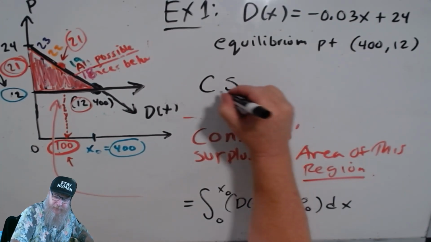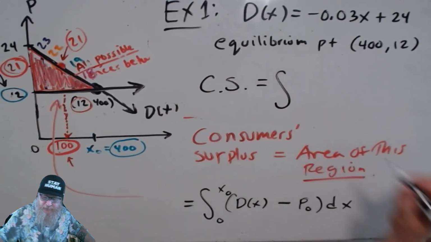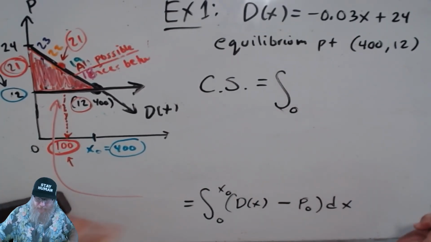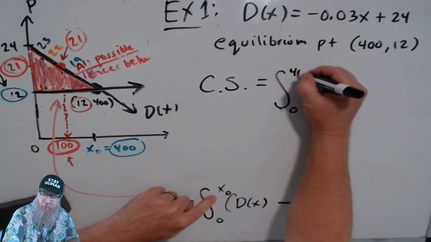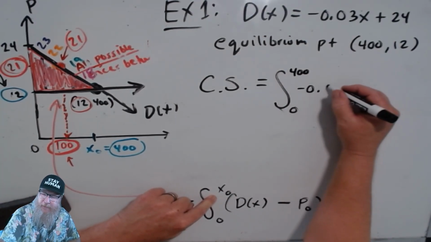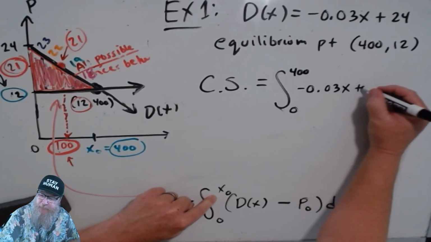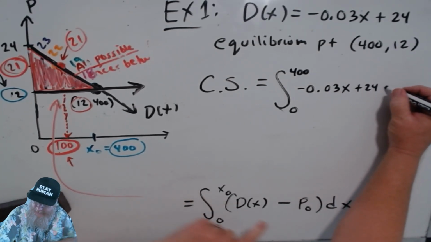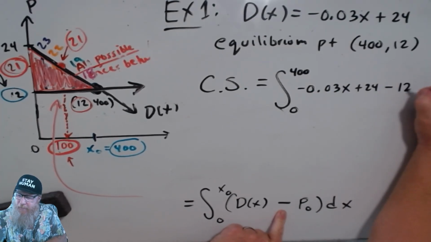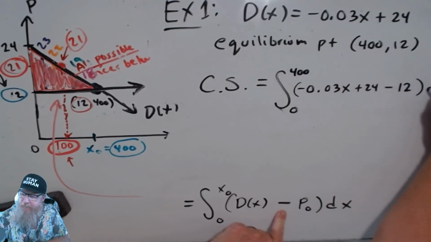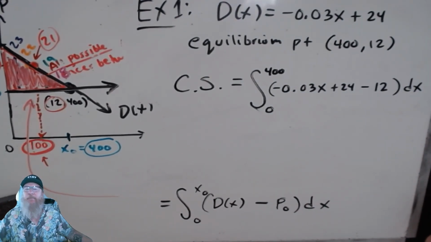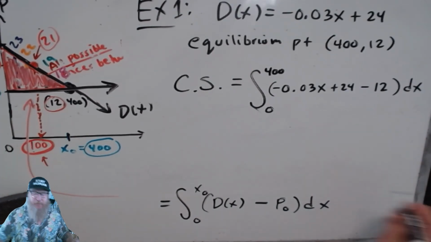Consumer surplus is the integral from 0 to 400 of negative 0.03x plus 24 minus 12 dx. And that will tell us the area of this triangle here.